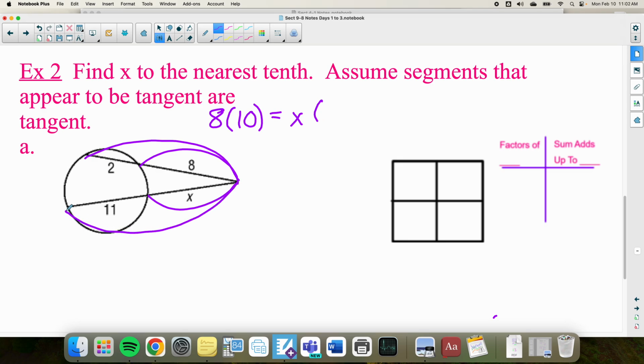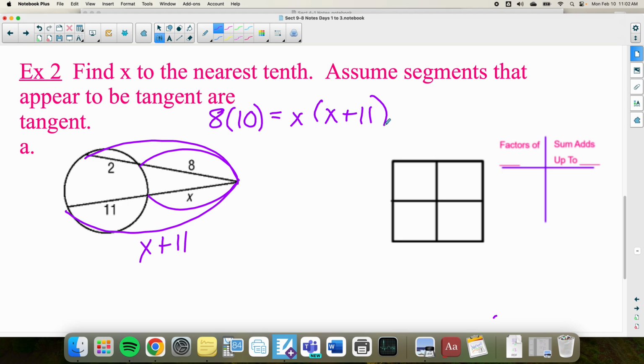When I write that whole thing, if I have a choice, I always put the x in front. So when I add this, I would write it as x plus 11, and that's what I would put here too, okay? So I took the external part times the whole equals external times the whole.